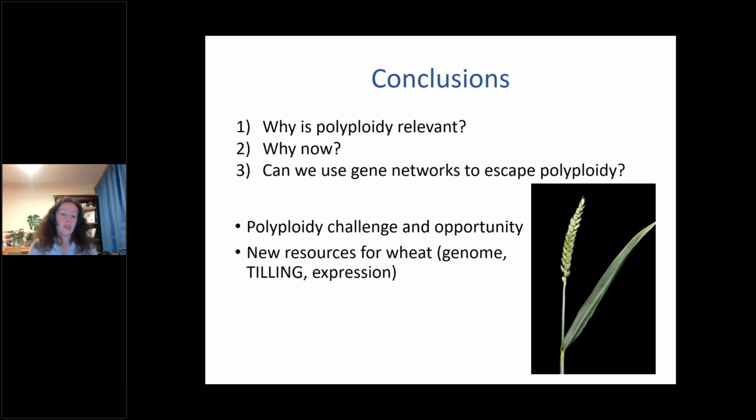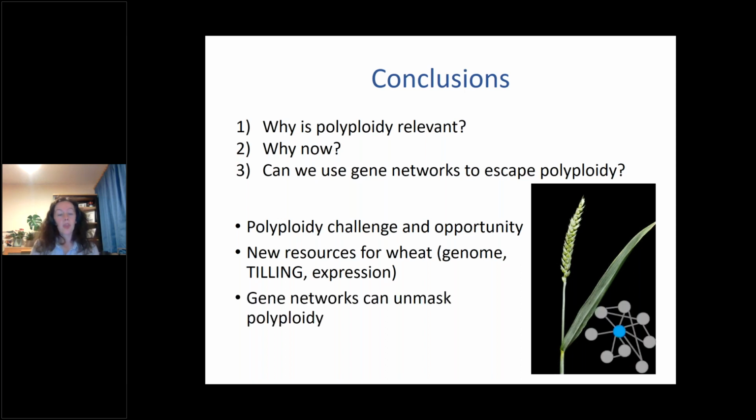And this is largely due to the new resources we have available for wheat. These are just a couple of examples, but there are many more resources that are coming online, which will really help us to exploit this polyploid genome. And I think that gene networks can be a powerful tool to help us unmask polyploidy and identify genes which we want to characterize in detail to affect particular traits.